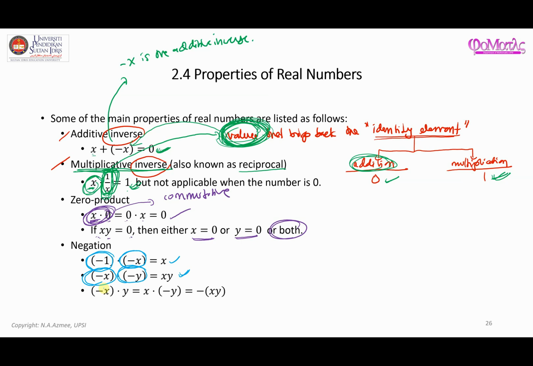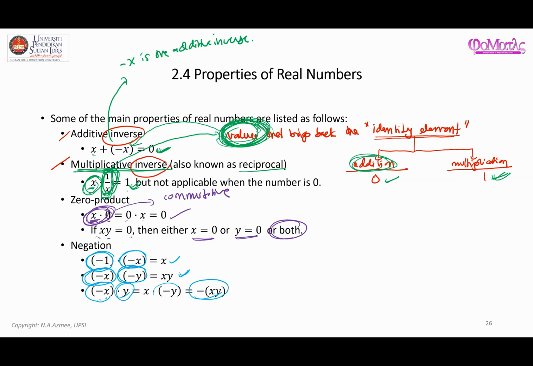And with negative x times y, one number is negative and the other is positive, so the result is going to be a negative value. We get negative xy.